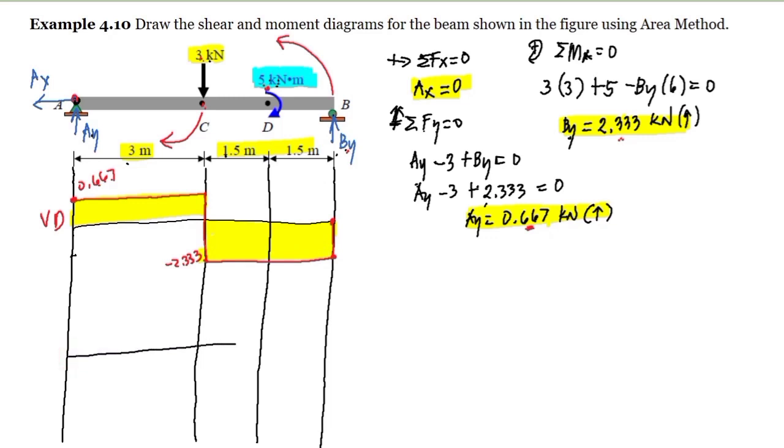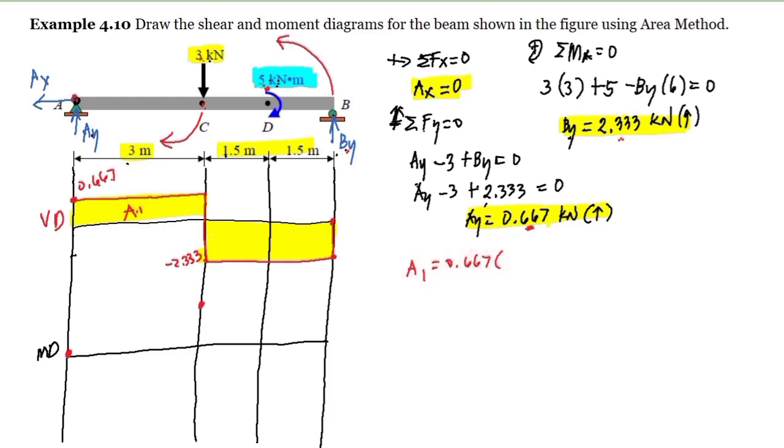Para naman sa ating moment diagram, we have 0. Start tayo sa 0. Kukumpitin natin tong area 1 because our moment at this point is equal to area 1. So, yung area 1 natin is equal to 0.667.